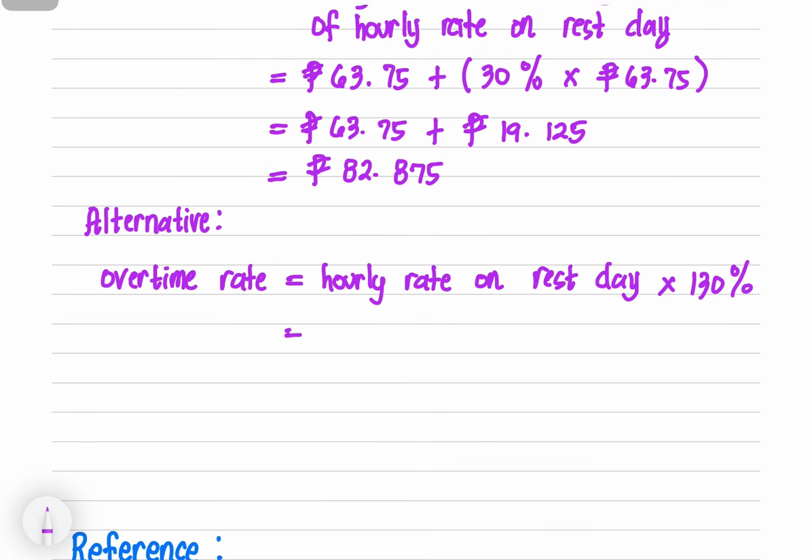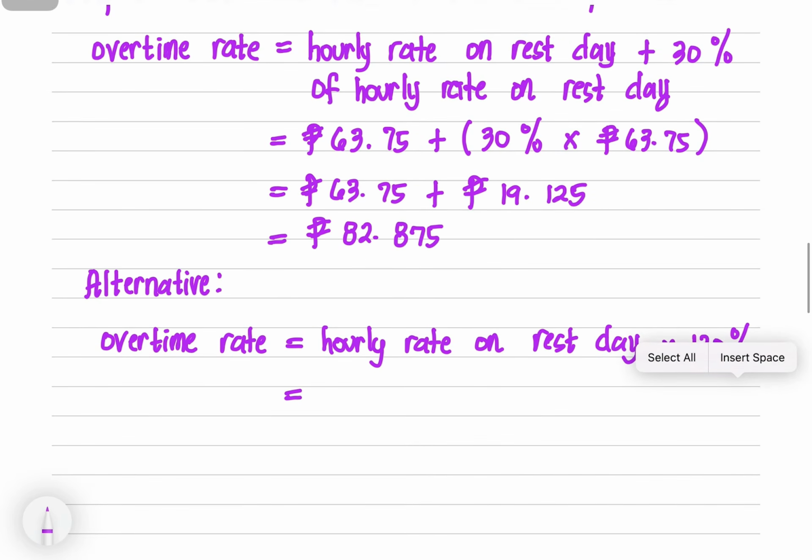Gets? So, yung ating hourly rate on rest day, na-compute na natin yon. Ayan nga, which is 63.75, perhaps 63.75 pesos times 1.3 or 130%. It doesn't matter kung gamitin mo ang 1.3 or 130%.